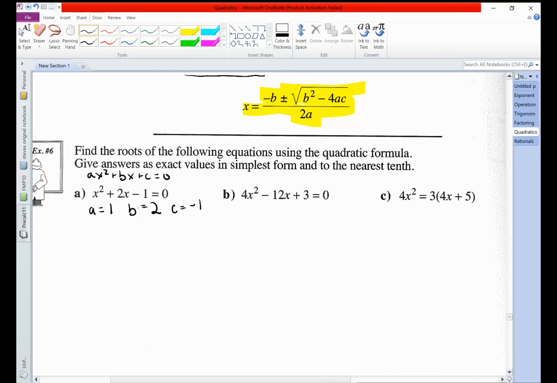So now we can fill out our quadratic formula. x is equal to negative b, so negative 2, plus or minus the square root of b squared, 2 squared, minus 4 times a times c, 4 times 1 times negative 1. And then all of that is divided by 2 times a. And now we just need to solve.